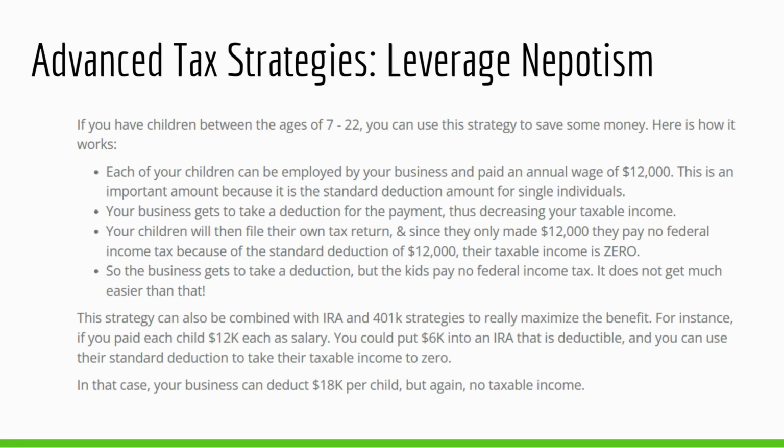If you started, I think it's at age 15 and continued it to age 25, stopped then and never put another dollar in, based on average returns and compounding interest, I think they would have something like $2.7 million by the time they're at retirement age. And that's if they stopped. So it's a great opportunity to set your children up if you like them enough to do that. Any questions around that?